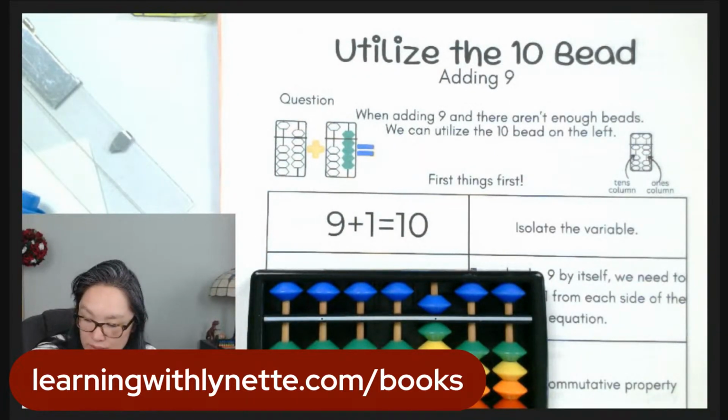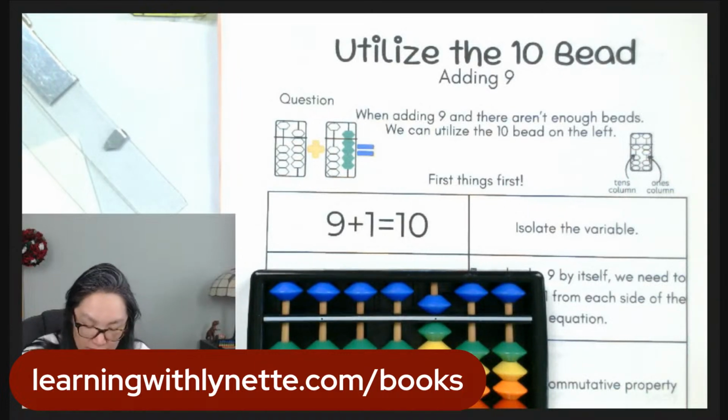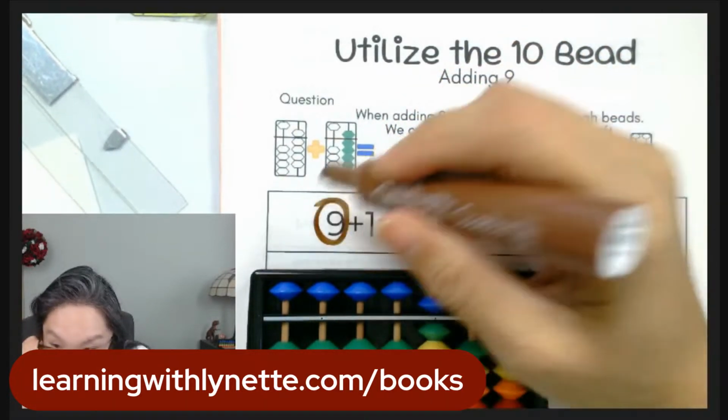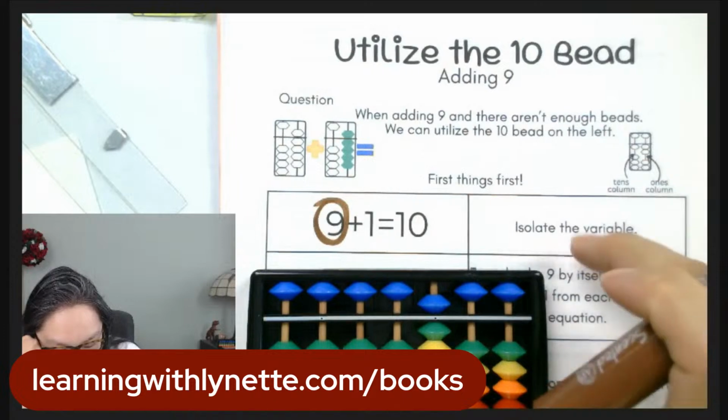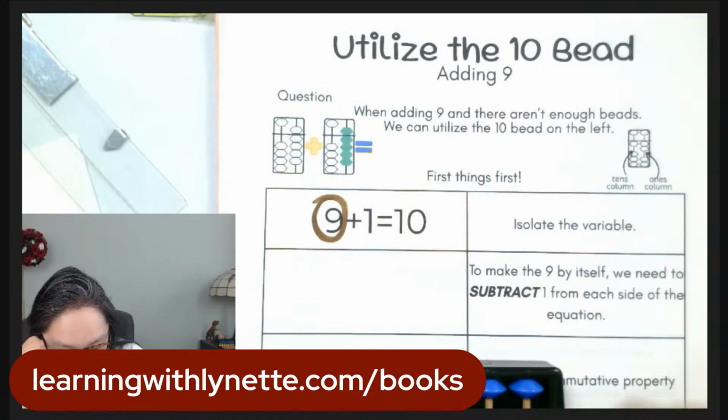So what we do is, again, we're going to supercharge it. Level up. So that means we're going to isolate the variable because we need to add the 9. Because we need to add the 9, what are we going to do? We need to subtract 1 from each side.